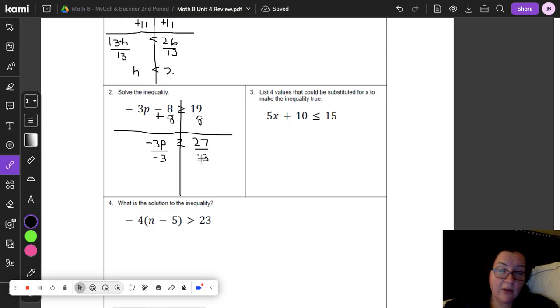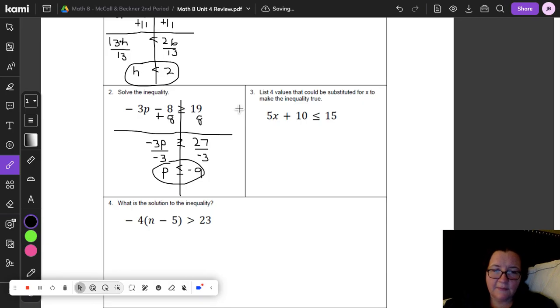All right, remember, when we are using inequalities, we want to make sure if we multiply by a negative or divide by a negative, that we flip our sign. I'm going to flip it to make it true. So we're going to take our p and flip our sign the other direction. So instead of greater than or equal to, we're going to have less than or equal to. And 27 divided by negative 3 would be negative 9. Lovely. That is your answer. I'm going to circle my answers.